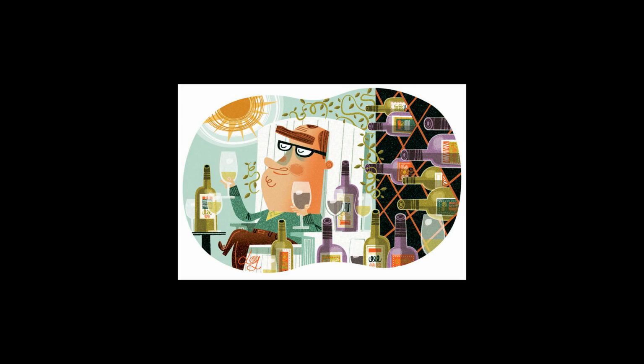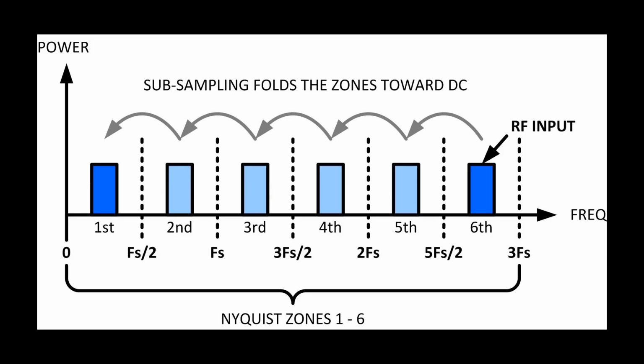2FH/n ≤ Fs ≤ 2FL/(n−1), for any integer n satisfying 1 ≤ n ≤ ⌊FH/(FH−FL)⌋.